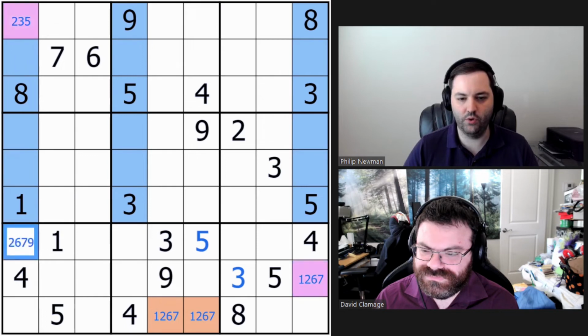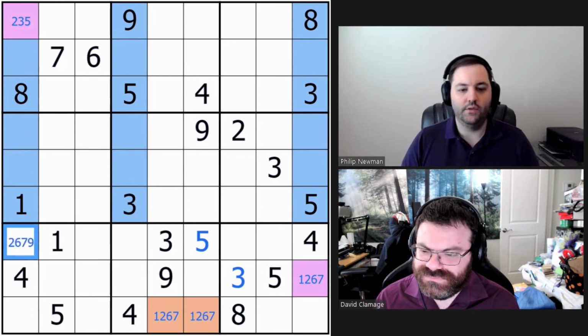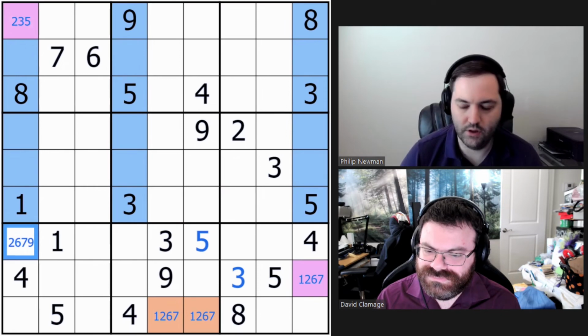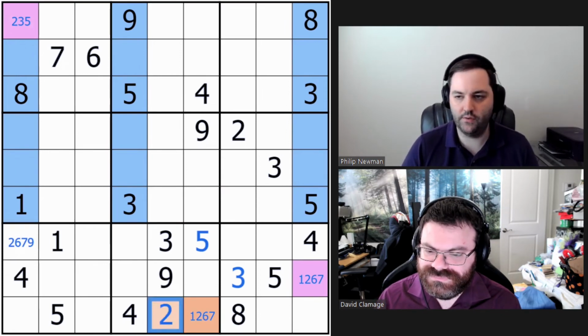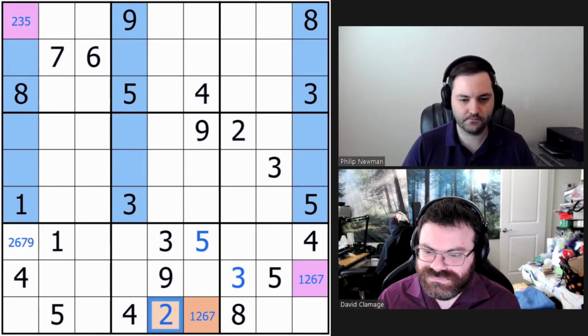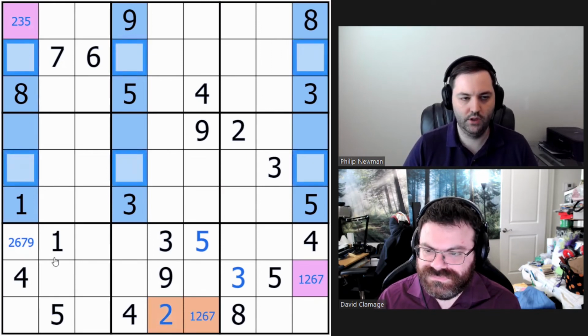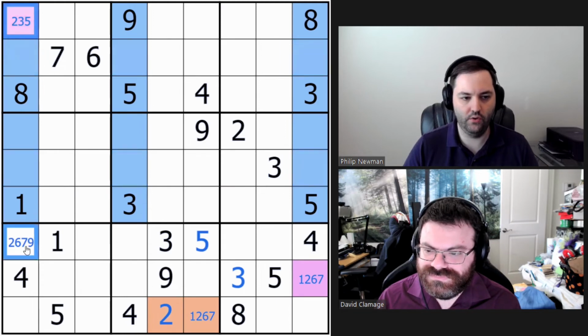This is a little bit more complicated of an example, because in this case a 2 could be here. Yeah. It seems like that would be a problem. So let's think about why it's not a problem, rather. If there's a 2 in orange, 2 can go in one of these 2 rows, and then 2 can go in one of these cells.